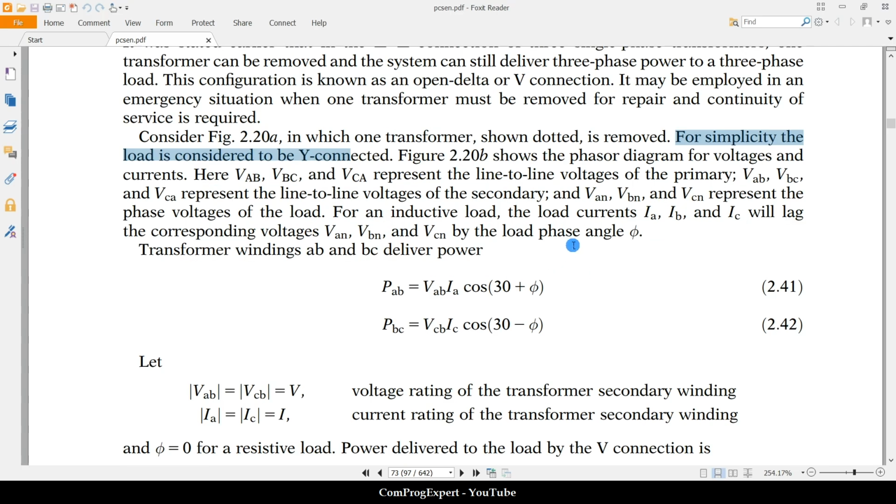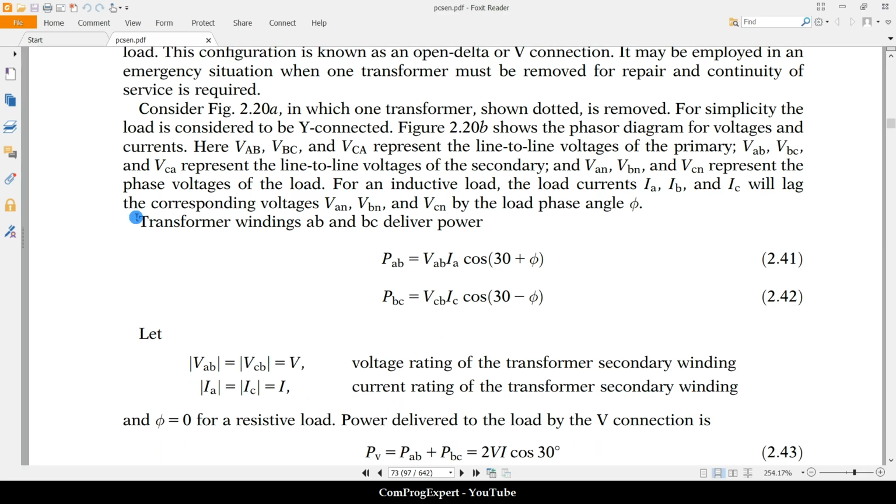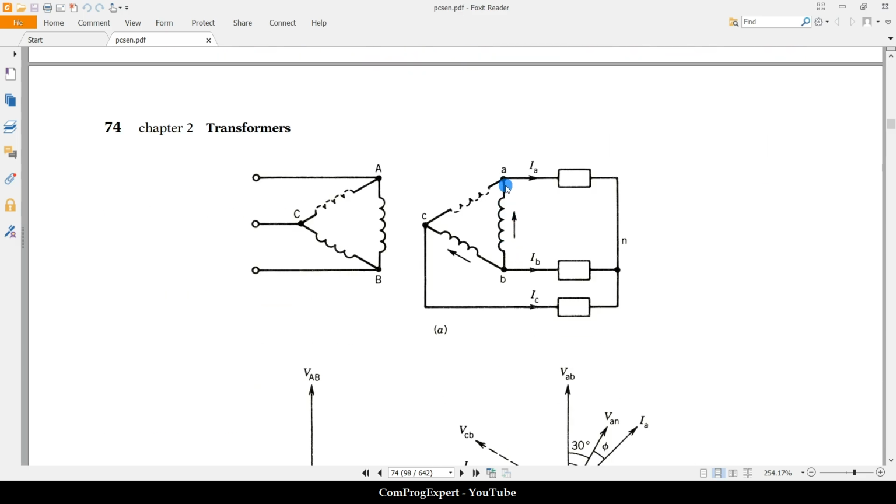In this case, the transformer windings AB and BC deliver power. This one, AB and BC.